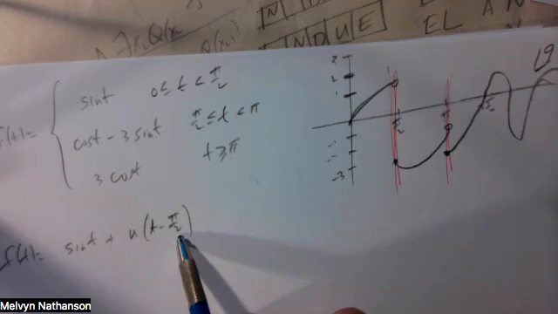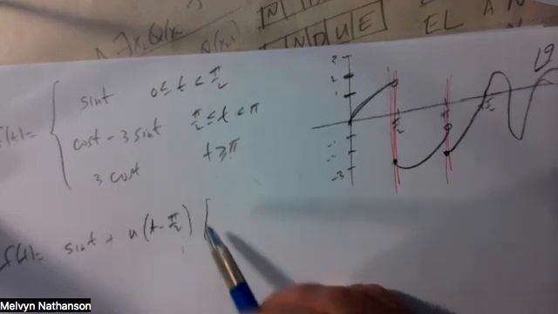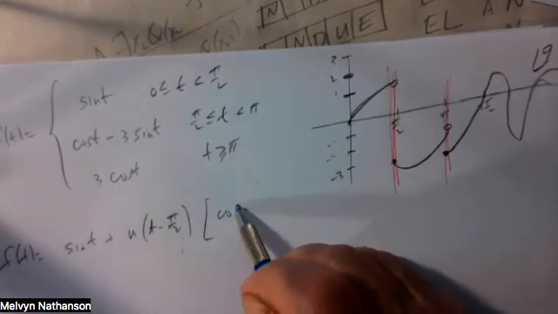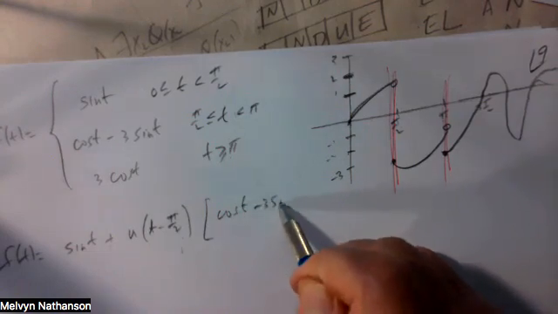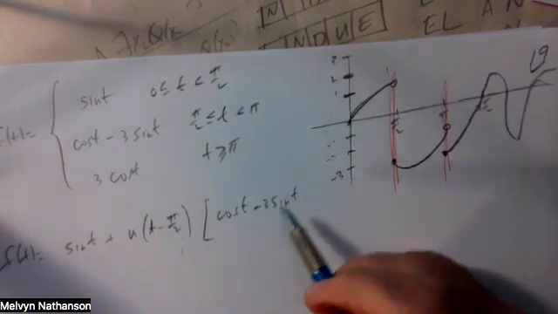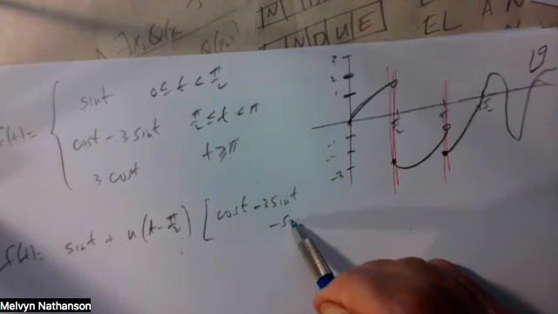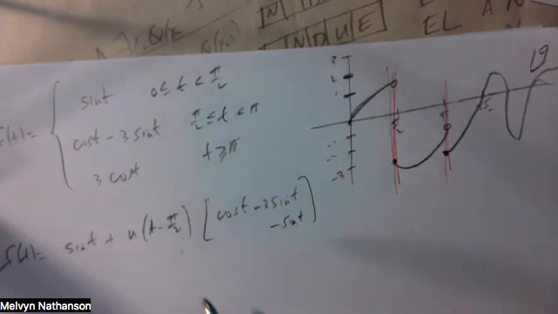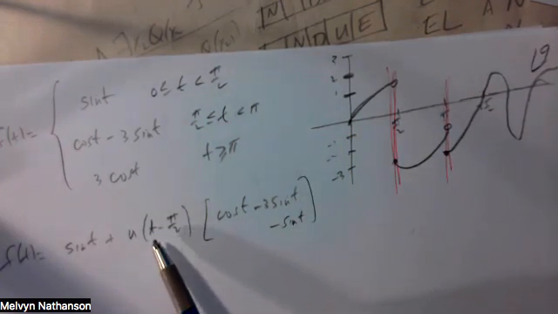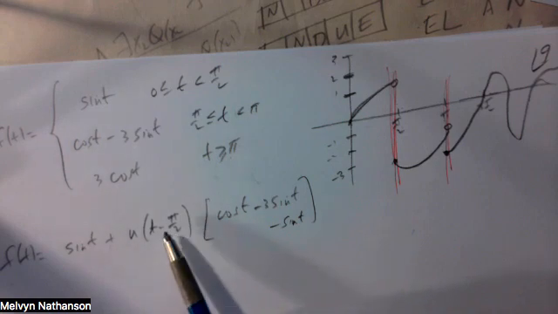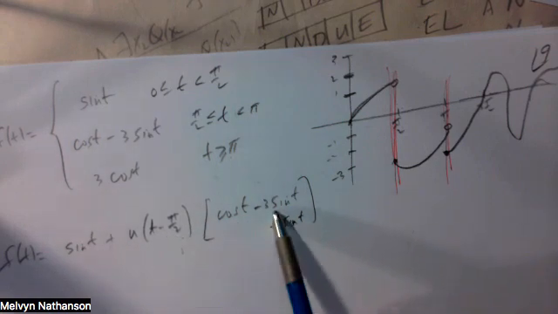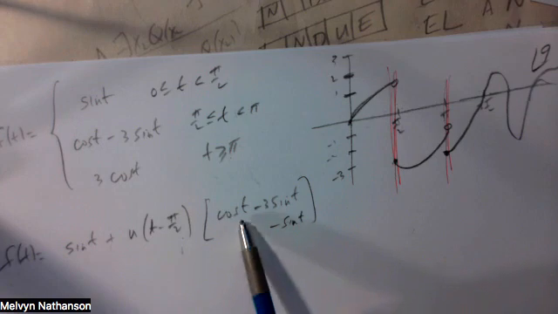But for t greater than or equal to pi over 2, this is 1. So I can have this as cosine of t minus 3 sine t minus sine t. So when t is between pi over 2 and pi, this is 1. And this and this cancel. I get cosine t minus 3 sine t.